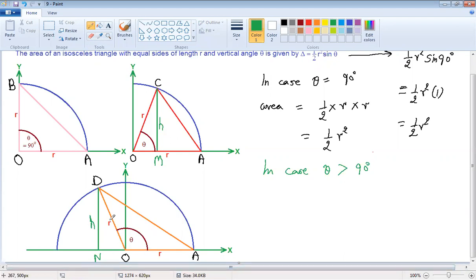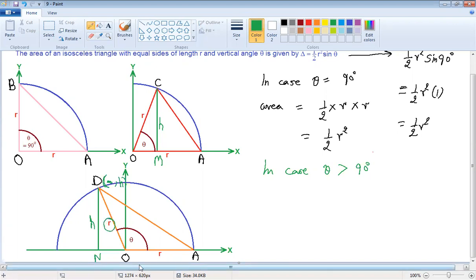Because it is an obtuse triangle, we will have to use the coordinates. So what is the x coordinate? We don't need it because we need sine theta. So the y coordinate is h because h is positive and the y coordinate is also positive. So the y coordinate is h and the radius of the circle is r.